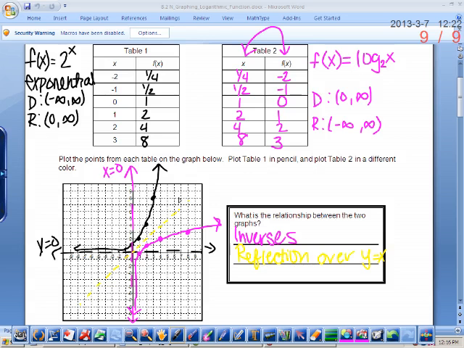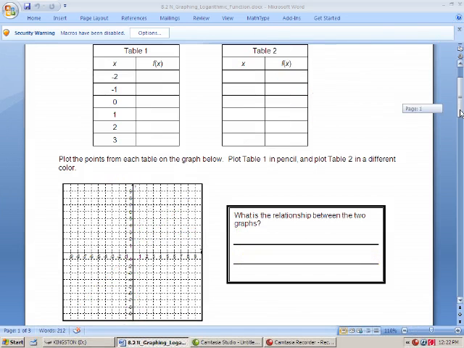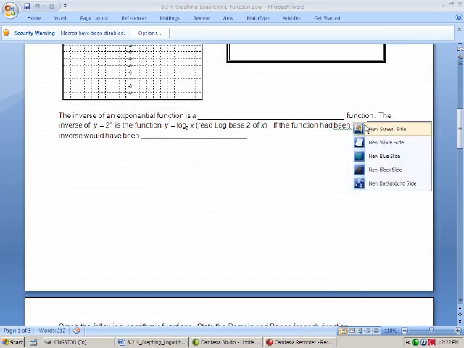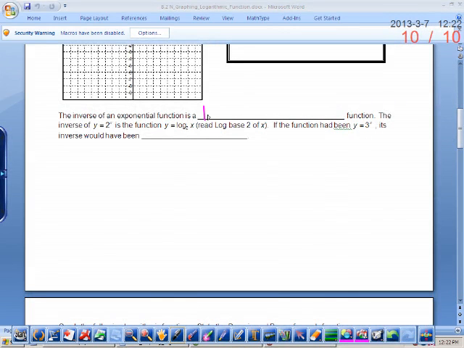All right? So, the inverse of any exponential function is a logarithmic function. The inverse of y equals 2 to the x was the function log base 2 of x that we just talked about up there.